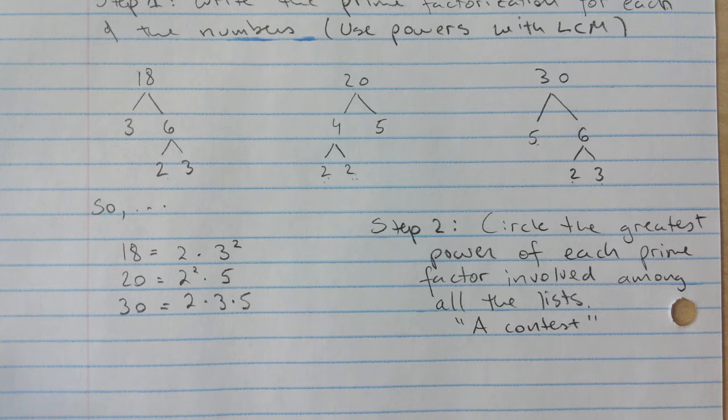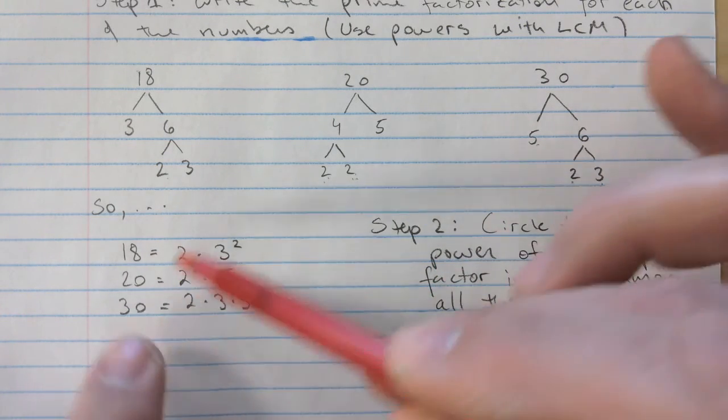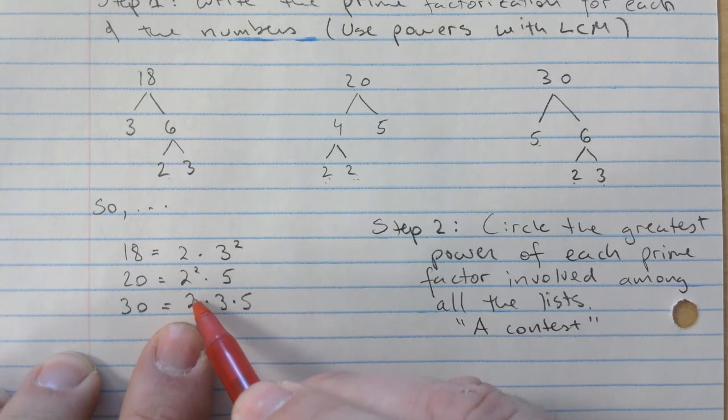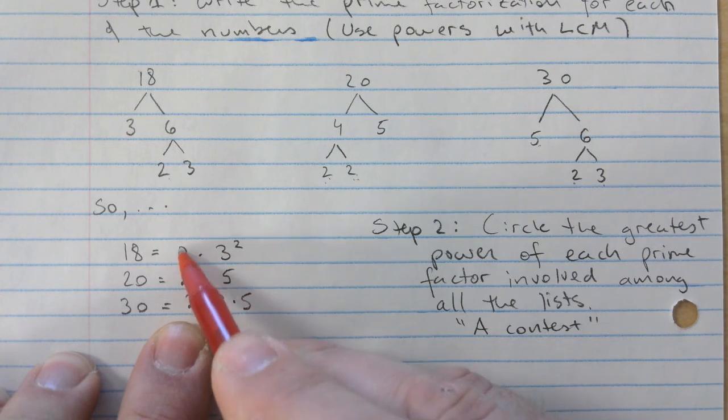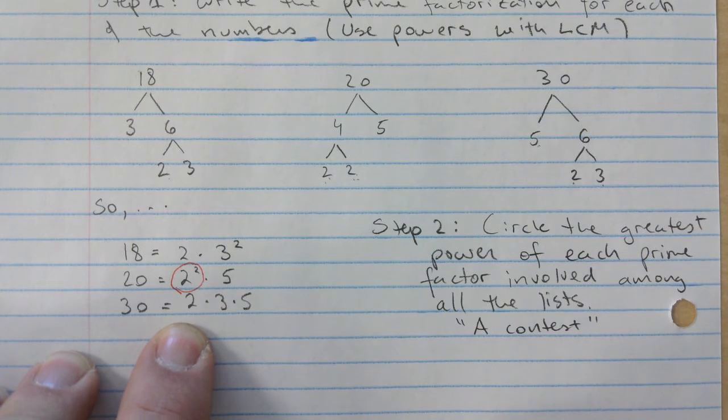It doesn't matter, listen carefully, it doesn't matter if it's being shared by other numbers, okay? So you've got your three composite numbers and their prime factorization. You look at the 2 in particular. The highest power is 2 squared, okay? And you're comparing among all the lists, right?